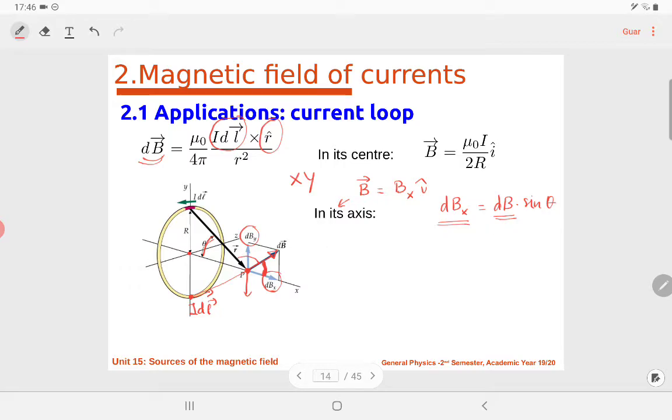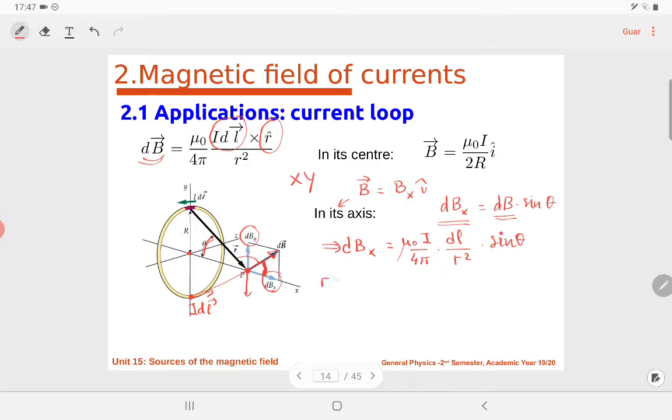As I was saying, if we do this, then this small component, this differential magnetic field in the x component, is going to be equal to mu sub 0 times the current divided by 4 pi, and then the element of current, dl, divided by the square of this distance here, times the sin of theta.